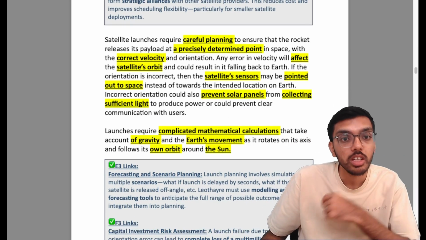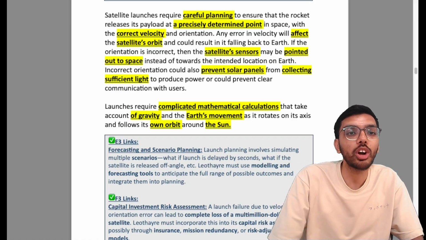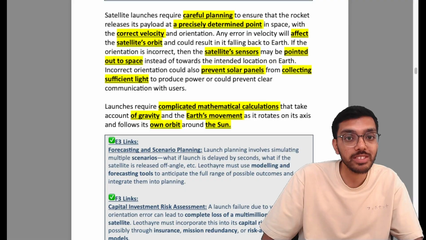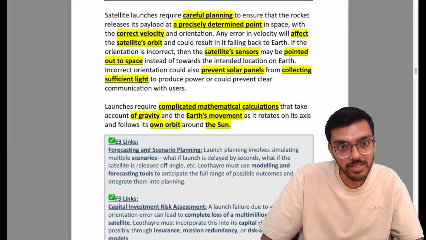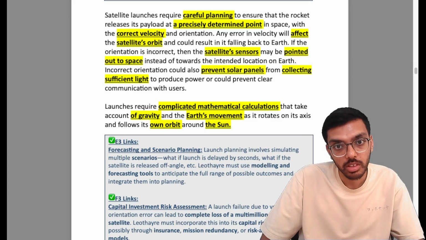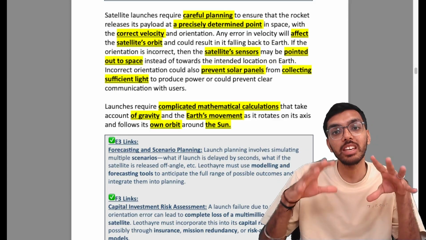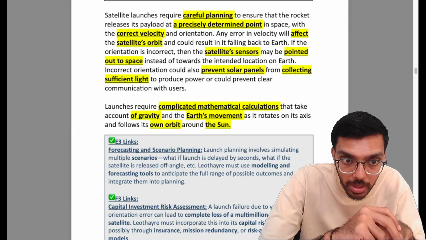Next, satellite launches require careful planning to ensure that the rocket releases its payload at a precisely determined point in space with the correct velocity and orientation. Any error in velocity will affect the satellite's orbit and could result in it falling back to Earth. So it's very important that this is managed properly.